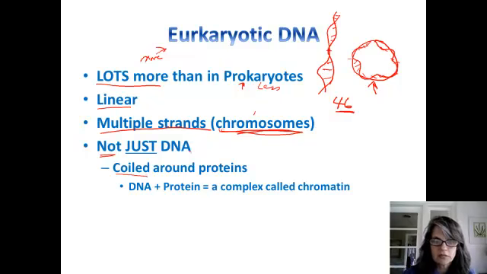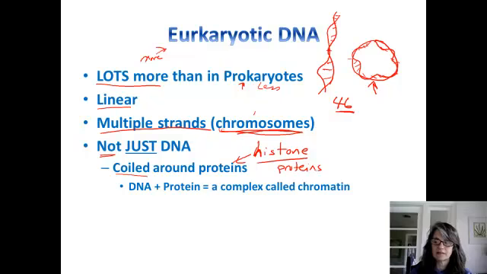These proteins are called, and you need to know this or recognize it, histone proteins. And these proteins act, well, if you go to a store to buy thread, they don't just sell you a pile of thread. It is wound around a spool so that it won't get tangled up. Well, consider a similar case for DNA.